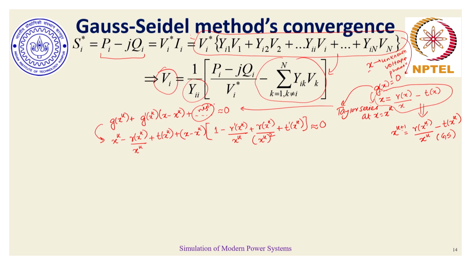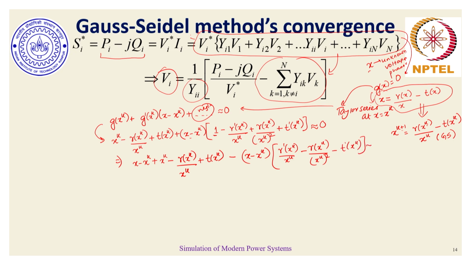Now, let me rewrite this also as, I'll take this x minus xk inside. What I have here is x minus xk, which is the term of these two products, plus xk minus r xk, xk plus t of xk, minus x minus xk r prime xk, x divided by xk minus r xk, xk square minus t prime xk is almost 0.